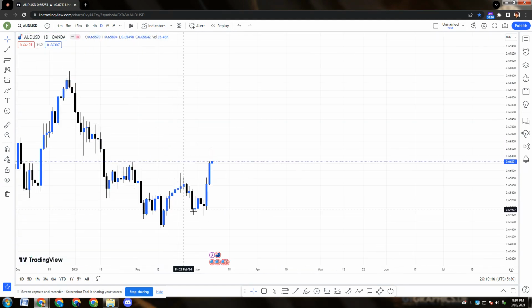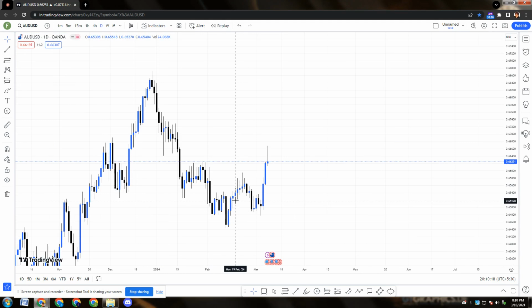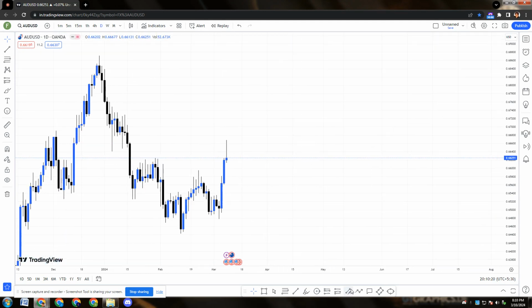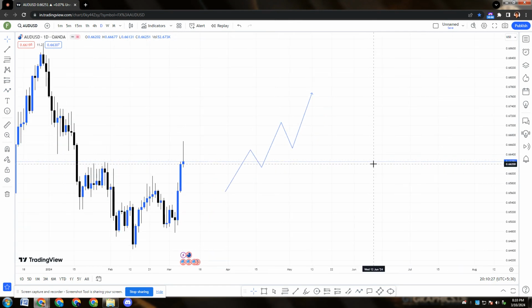First of all, as for SMC structure, you can see I'm going to create an SMC structure here. When we follow SMC structure, the market goes higher, creating new pullbacks.